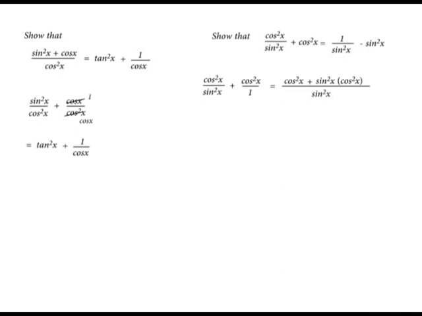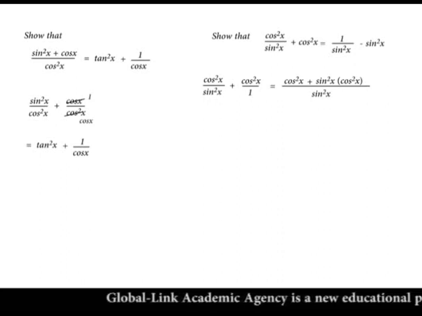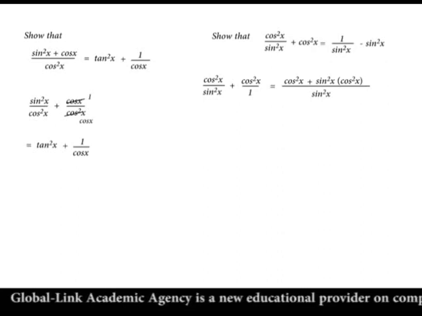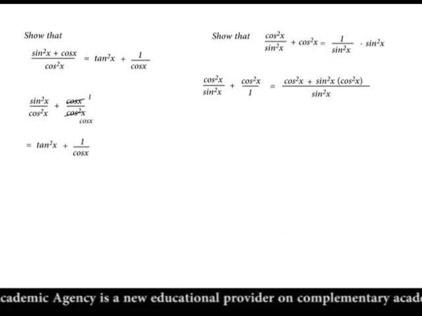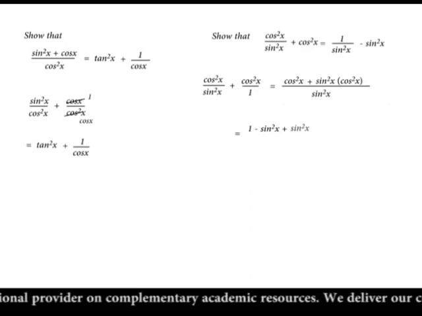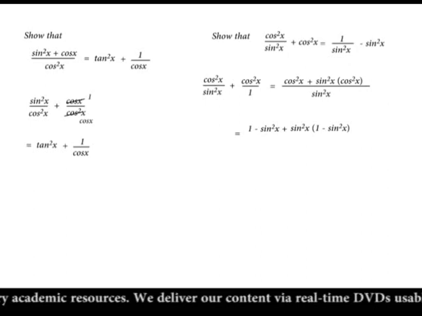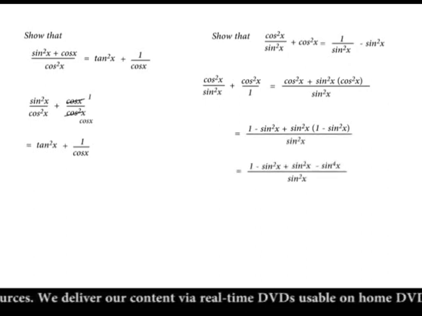But then we know that sine squared x is equal to 1 minus cos squared x. So we substitute, and we shall have 1 minus sine squared x plus sine squared x times 1 minus sine squared x, everything over sine squared x.